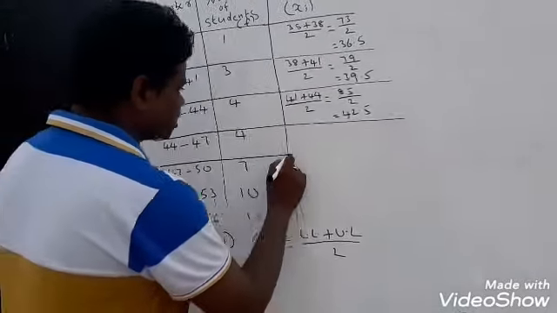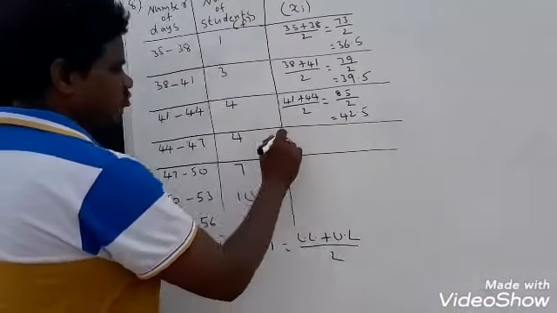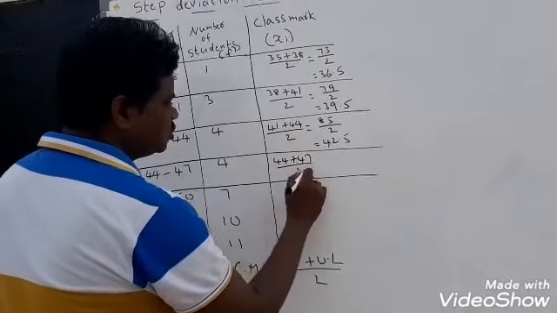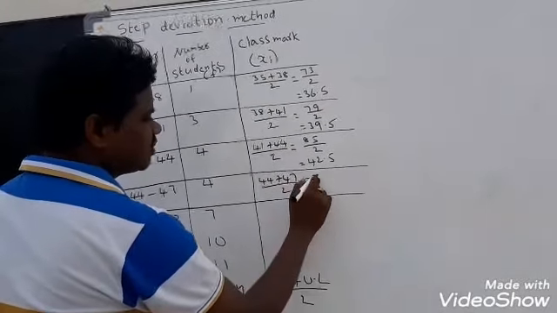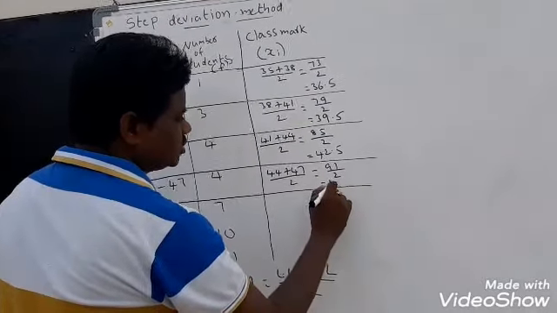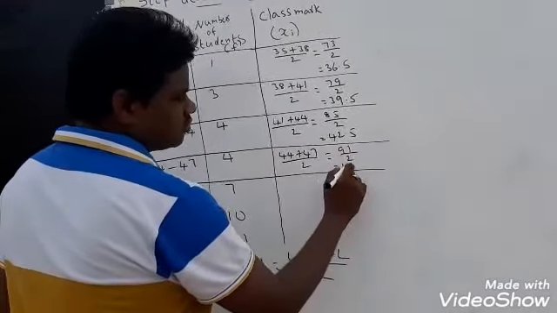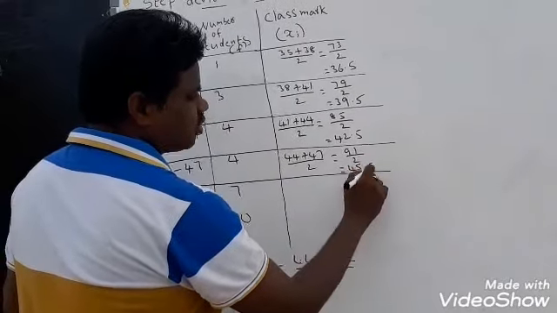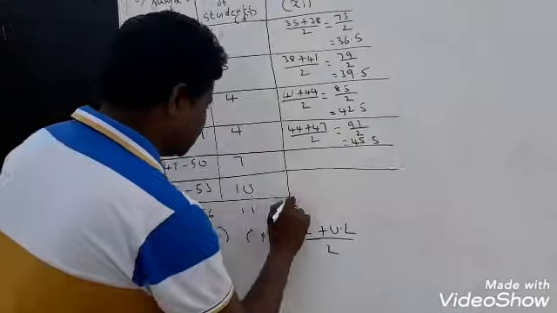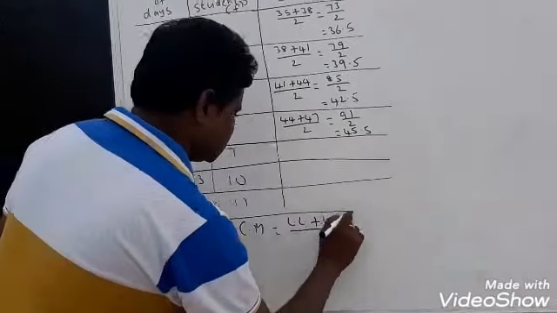For the next class interval, 44 plus 47 by 2, you will get 91 by 2, that is 45.5. So calculate directly from now onwards.